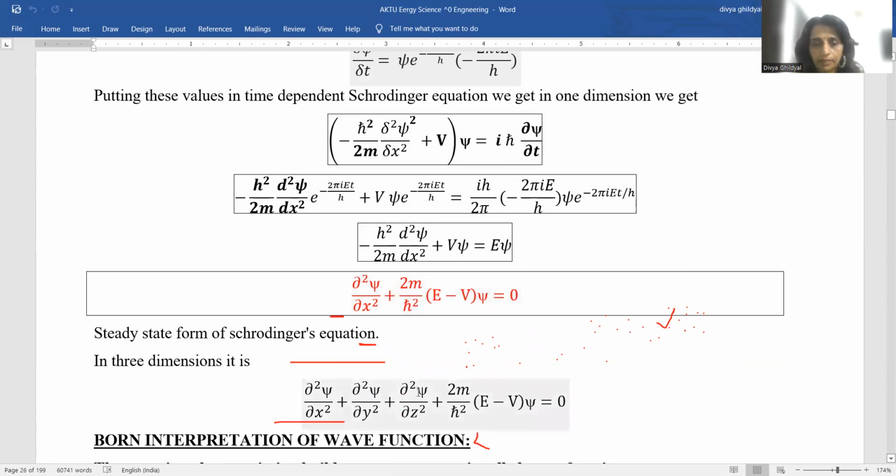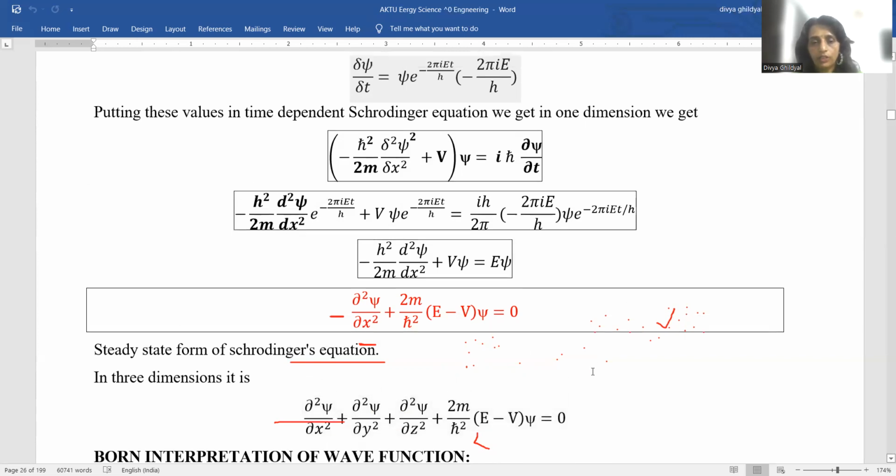In 3 dimensions, this expression becomes del 2 phi by del x2 plus del 2 phi by del y2 plus del 2 phi by del z2 plus 2m upon h bar square into (E minus V) phi equal to 0.